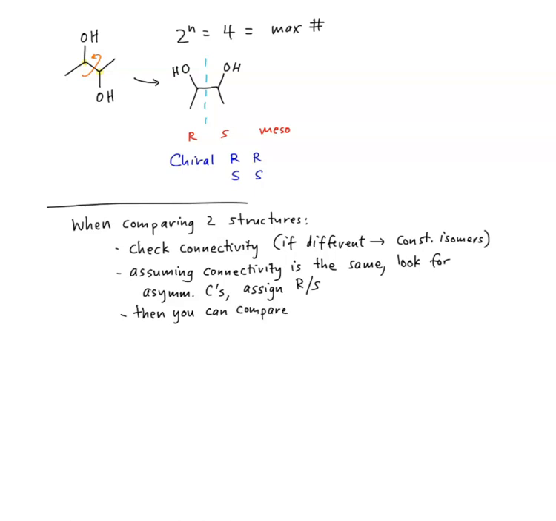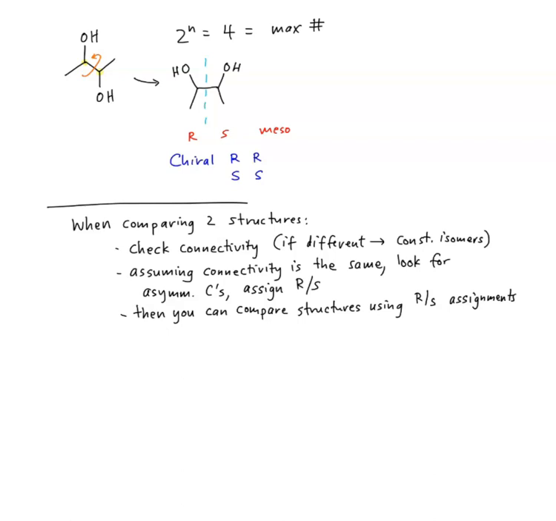It's a lot quicker than trying to make models, trying to redraw things, draw them upside down, flip them over, rotate them, whatever it is that you're trying to do. Just assigning the R and S gets you into it very, very quickly. So then compare your structures using your R and S assignments, just like we did for the two examples in the previous video.